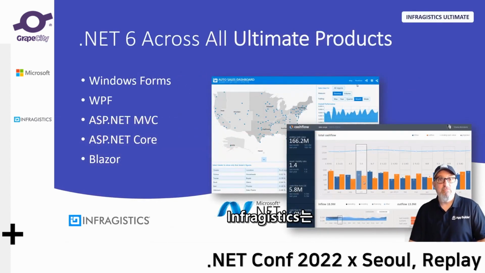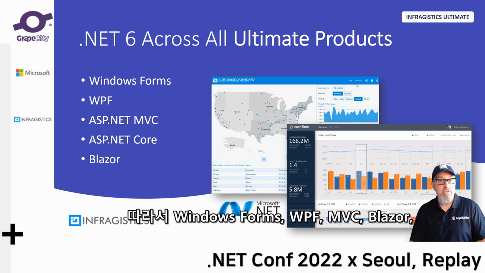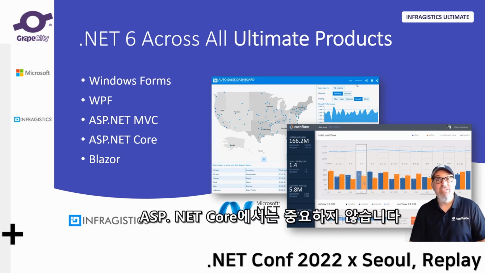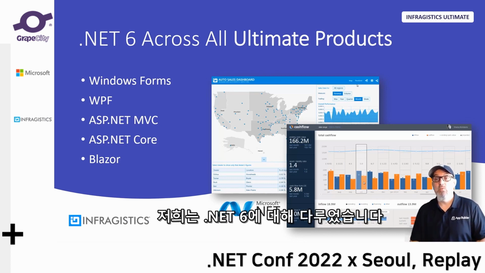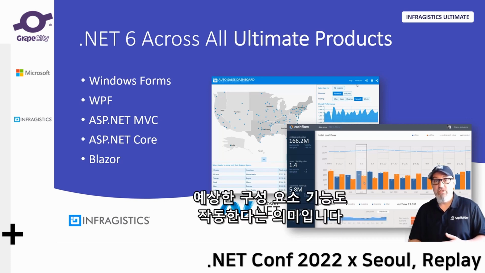Next, let's take a look at what you can do with .NET 6 and Blazor. So with Infragistics, we ship .NET 6 support in every product. So Windows Forms, WPF, MVC, Blazor, ASP.NET Core, it doesn't matter. We have you covered for .NET 6. This means all of the Visual Studio 2022 features work, as well as the component features that you would expect.